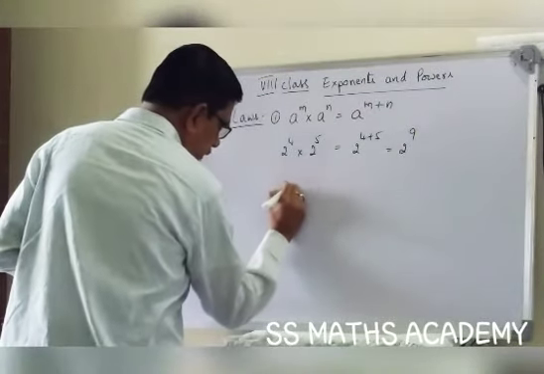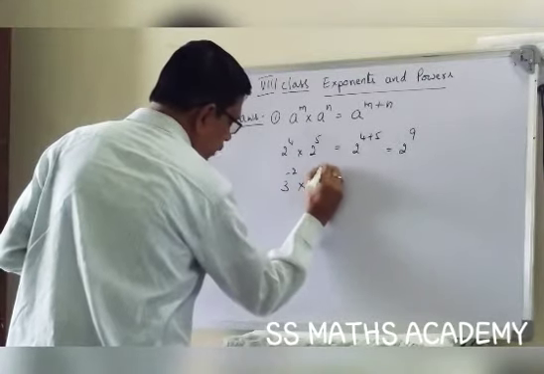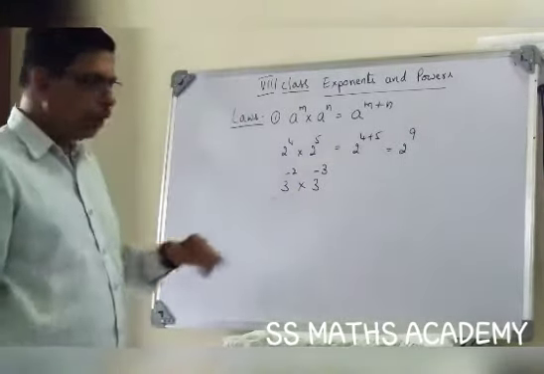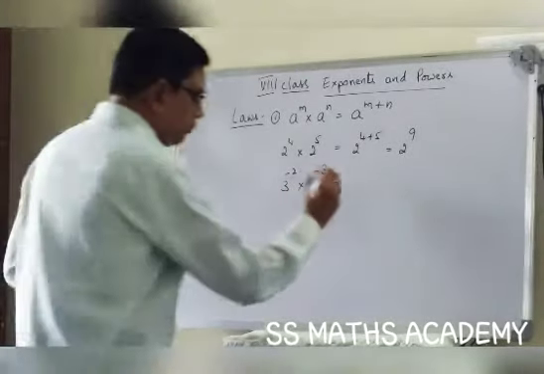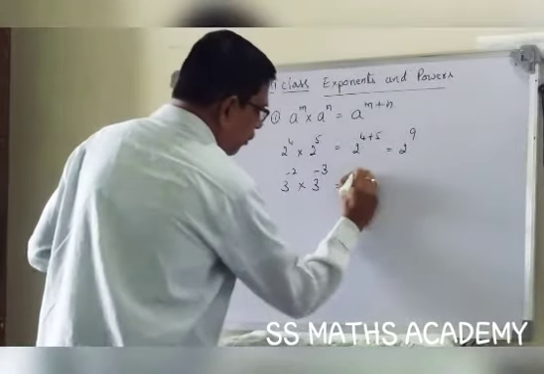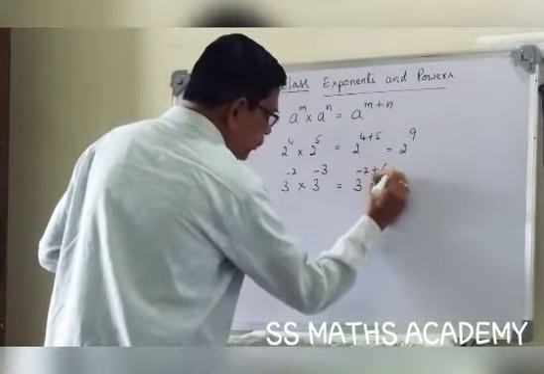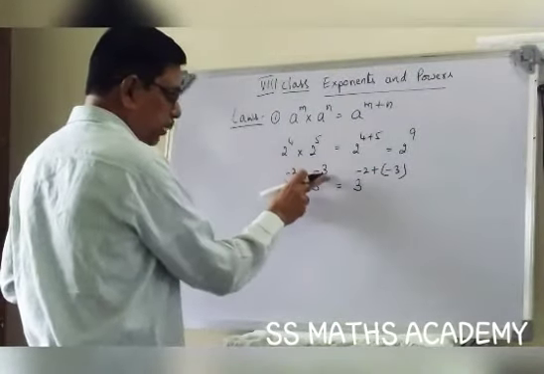Similarly, we take one more example: 3 to the power of minus 2 into 3 to the power of minus 3. Here also the base is 3 and here also the base is 3. Bases are same, so we have to add up the powers here. 3 to the power of minus 2 plus minus 3. Here the power is minus 2 and here the power is minus 3.